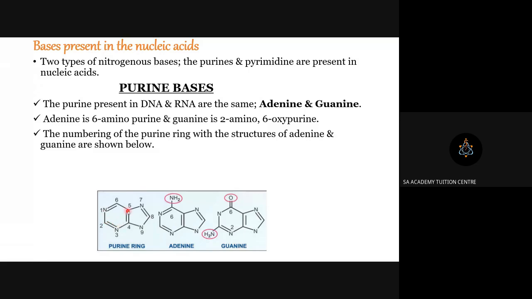It looks like a benzene ring, but it's not benzene, because we have nitrogen instead of carbon. Then this side is five-sided, 1, 2, 3, 4, 5, but it continues, 1, 2, 3, 4, 5, 6. You end here, then you start again, 7, 8, 9. So a purine has 9 positions.